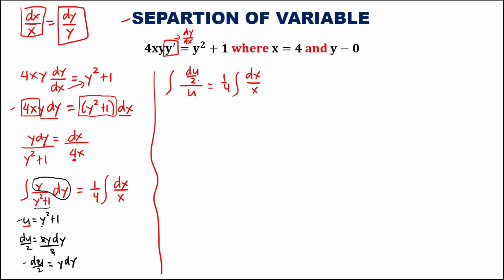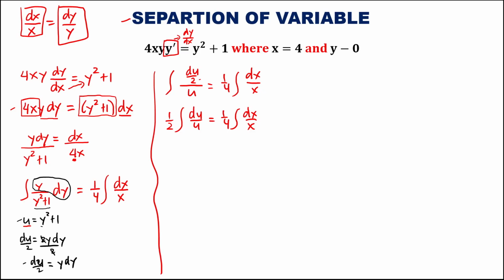Then we need to put this denominator outside. So this becomes 1 over 2, then the integral of du over u, then equals 1 over 4, then the integral of dx over x.